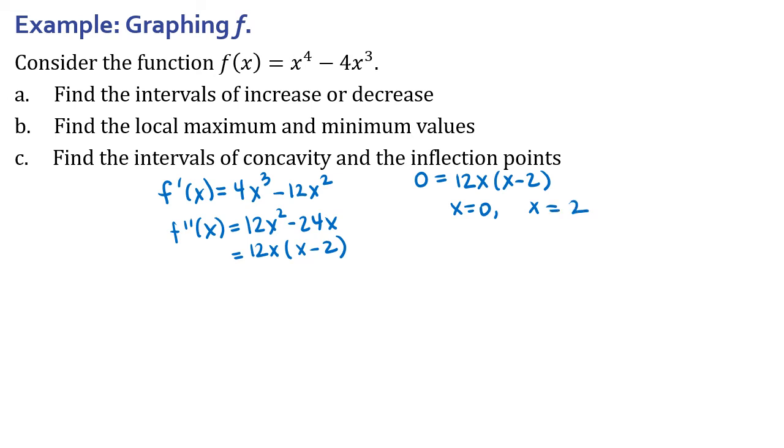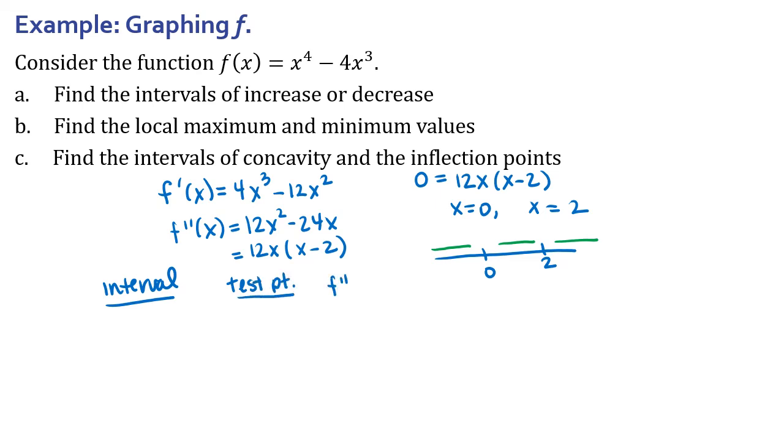If I were to create my table, again I'm going to draw a number line because it helps me visualize what those intervals are going to be. We've got 1, 2, 3 intervals. All right, so interval, test point, the sign of the second derivative, and then the behavior of the graph.